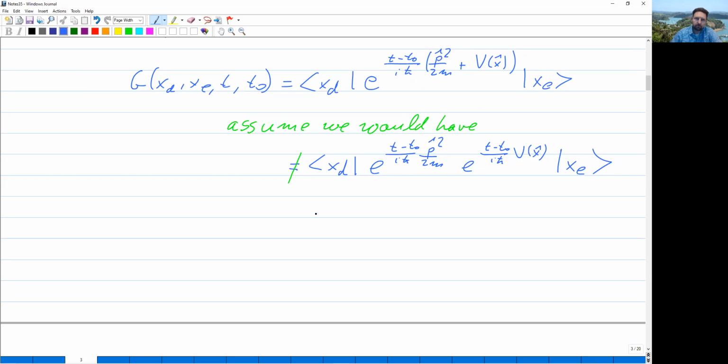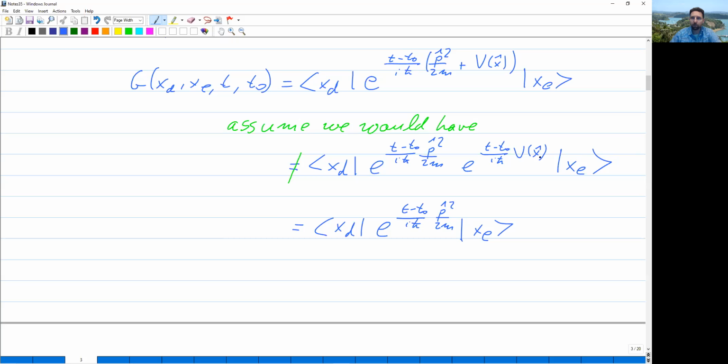Okay. But if it were the case, then we could immediately write down that this is xd, and then e to the power (t minus t naught) over i h bar, p hat squared over 2m. So far, everything as usual. But then we could put the xe here, and this part becomes number valued.